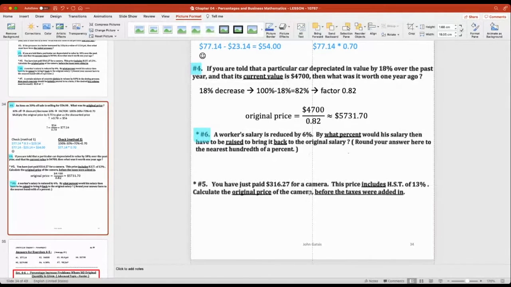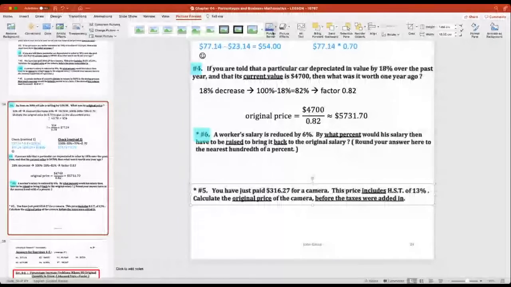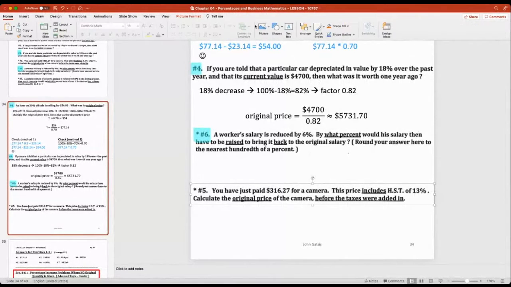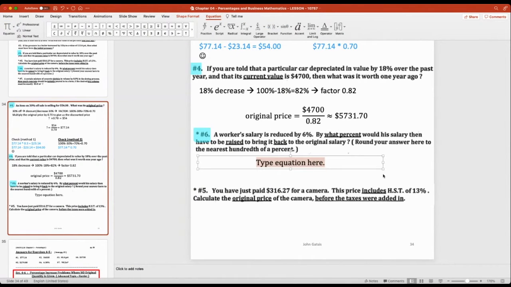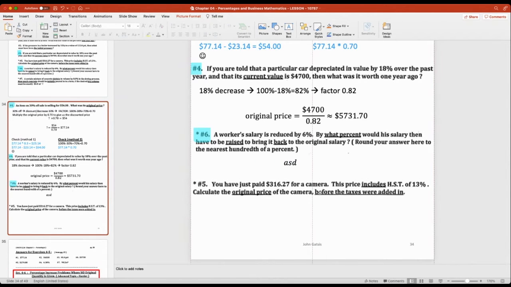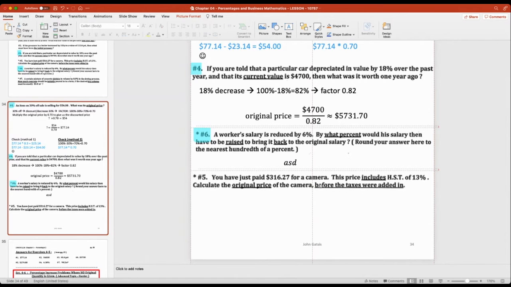For those that did do number 6, well, actually, no, we're going to do 6 at the end. Let's do 5 first, then we'll come back to 6. So just ignore 6 for a second.